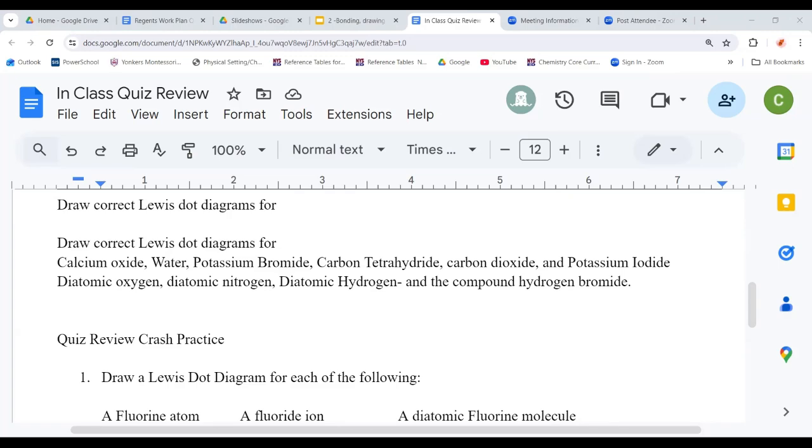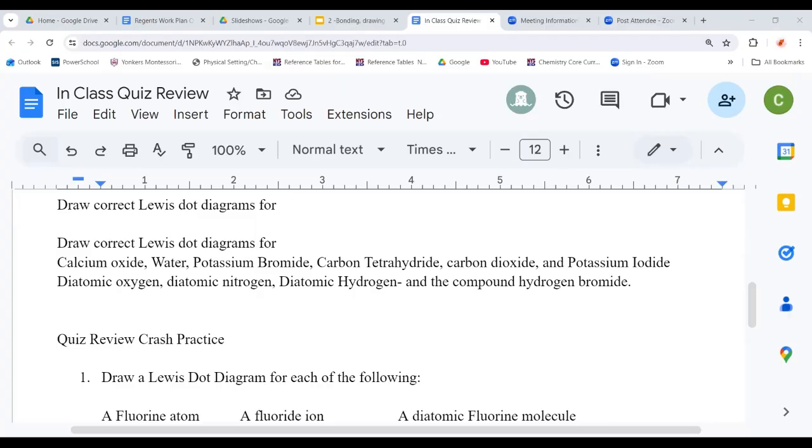You go with a bigger line thickness because we have to draw a lot of dots. All right, everyone knows water, right? H2O. Hydrogen looks like this, 2 of them. Oxygen has 1, 2, 3, 4, 5, 6.